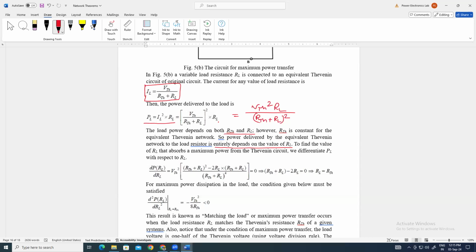So dPL divided by dRL will be equal to VTH square, which is the constant term, and RL is the only variable. We know that this differentiation is in the form of P by Q, and both are functions of RL.